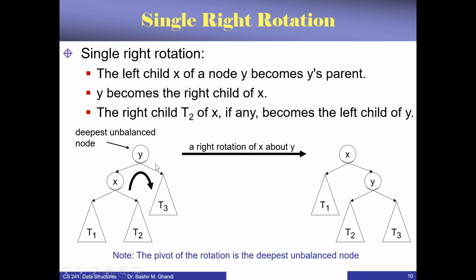This is what the next line says: the right child T2 of x, if any, becomes the left child of y. As you can see, T2 has become the left child of y. This is called single right rotation.